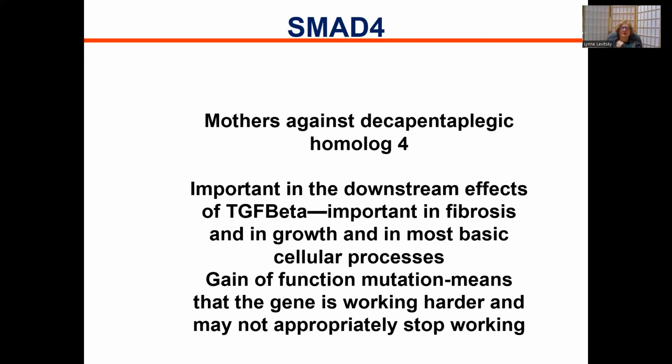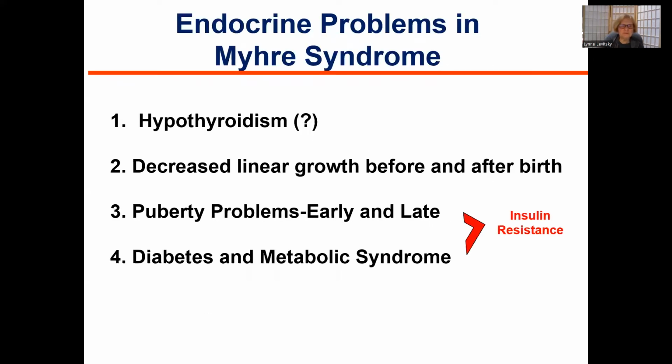Also in growth and in a lot of very basic cellular processes. So if you have a gain of function mutation, that means that the gene is working harder and may not appropriately stop working. And that seems to be part of the reason why TGF-beta and the whole fibrosis pathway is turned on in these individuals. But SMAD4 also works in other areas as well.